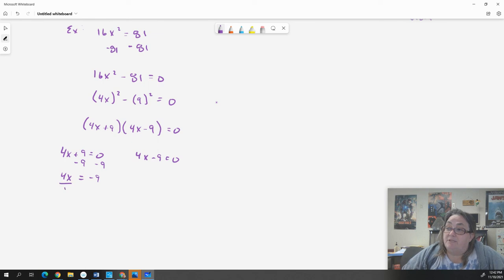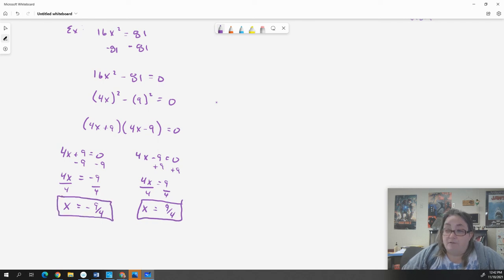Then I'm going to divide both sides by 4, and I get x equals negative 9/4. I'm going to do the same thing over here. I'm going to add 9 to both sides, and I get 4x equals 9. Then I'm going to divide by 4, and I get x equals positive 9/4. These are both solutions. One is negative 9/4. One is positive 9/4. And that's how we handle a perfect square.